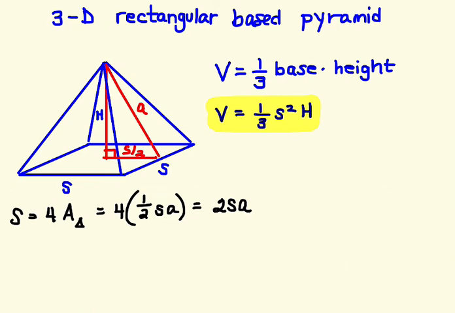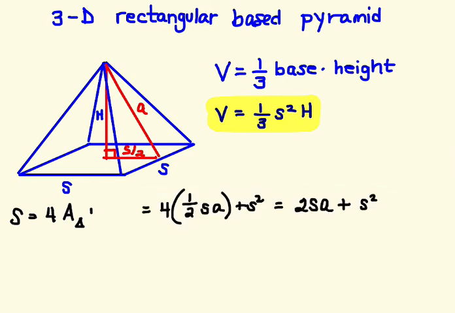Oh, we also have to add in the base, S squared. Let's not forget that. I forgot about the base. Plus S squared, which is the base. Not only the 4 triangles, but also we have to have the area of the base, which is a perfect square. And what we get is a surface area, which is S squared plus 2 times the length of the side times the altitude of the triangle.